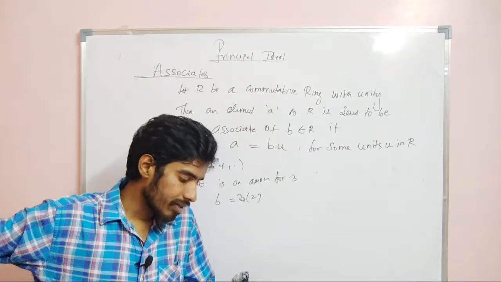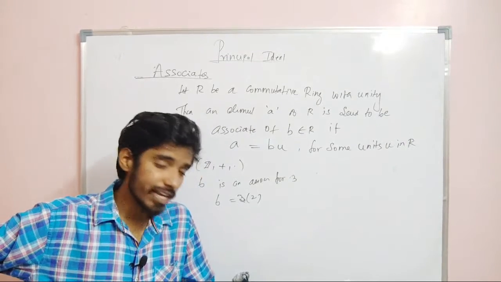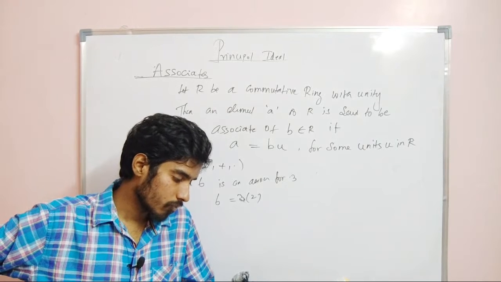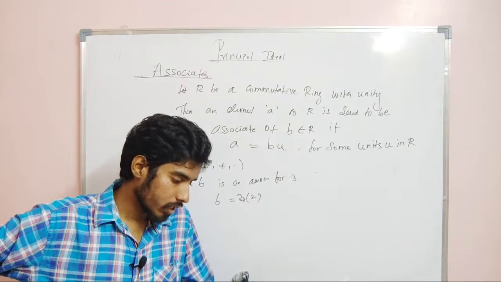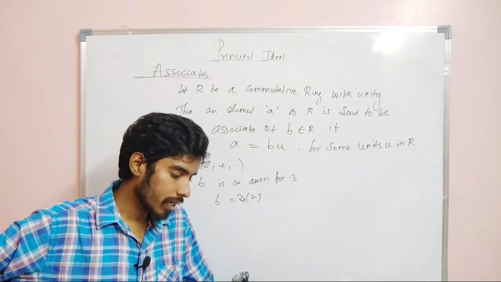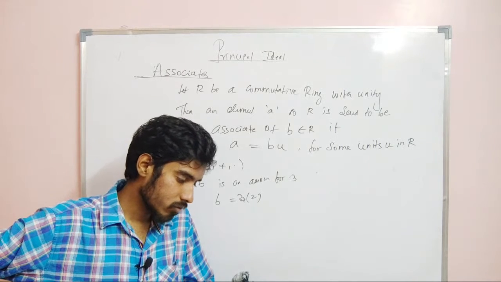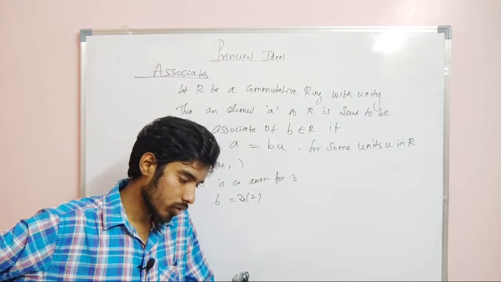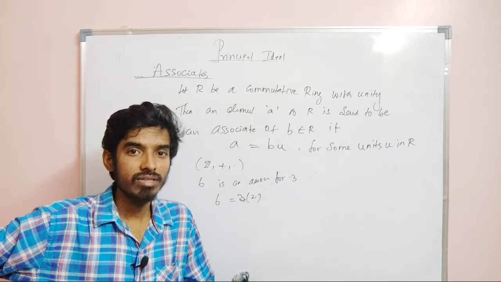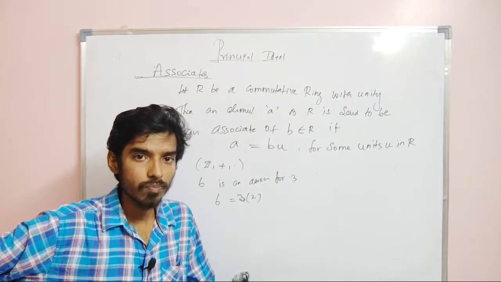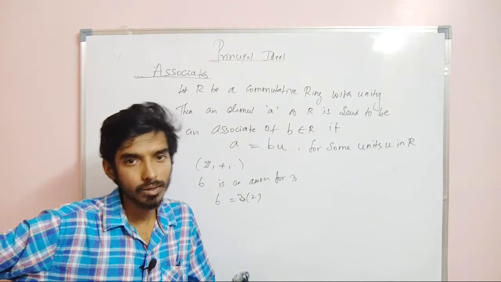Okay. Now illustrations. The only units of the integral domain of integers are 1 and minus 1, right? The units mean the elements which have a multiplicative inverse.